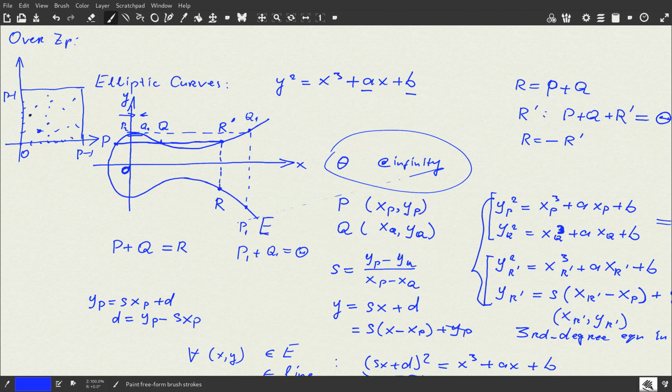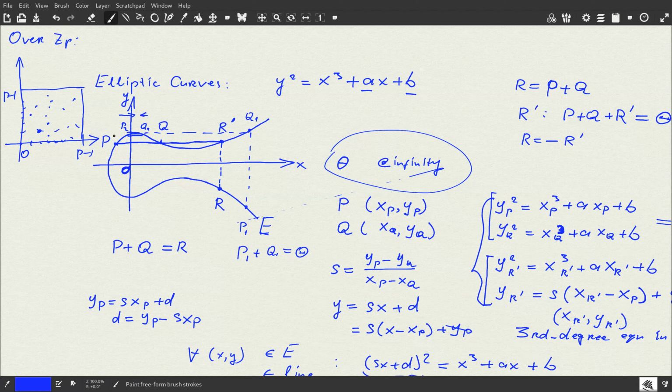Okay, so there is nothing like this anymore, but the rules of constructing sums of the points are still the same. Only there is no such nice geometric property anymore, but the rules are exactly the same. So the question is, how many ZP points might an elliptic curve have in general?